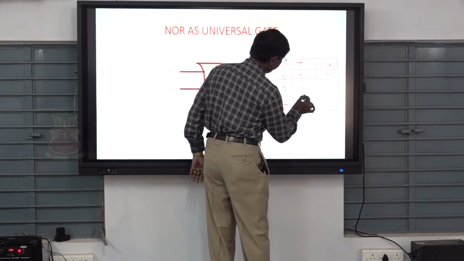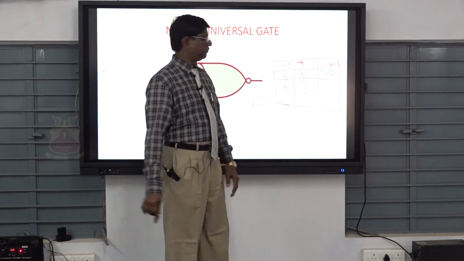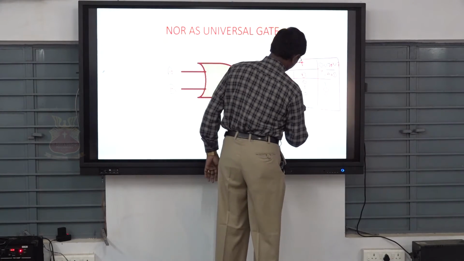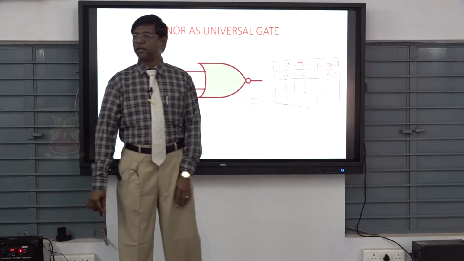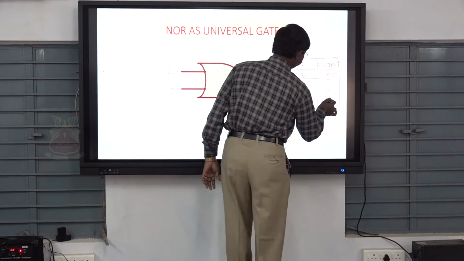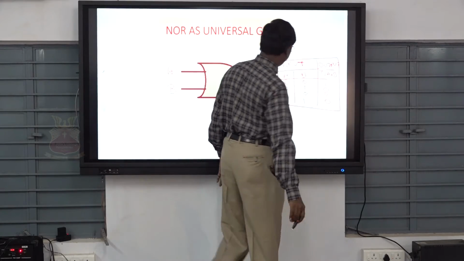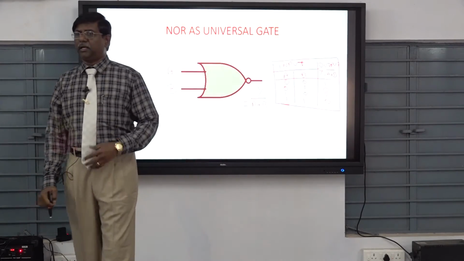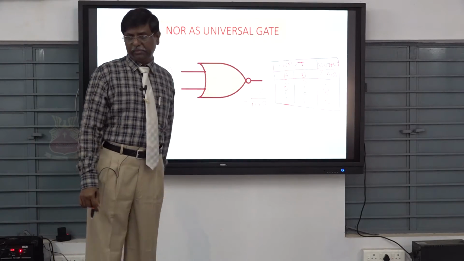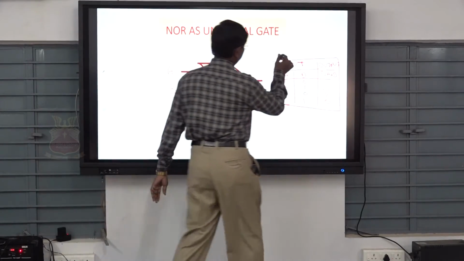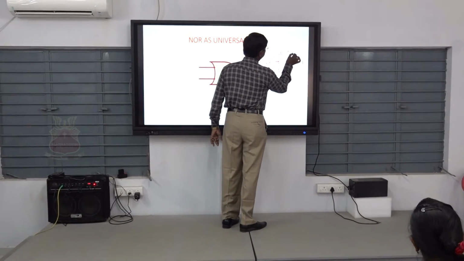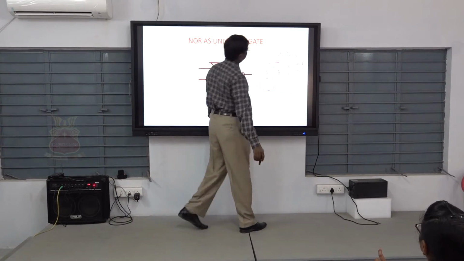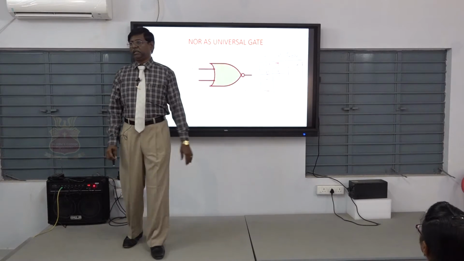In the case of 1 and 0, 0. When both inputs are true, 1, 1, then 0. This is called the truth table, because it gives the truth function. Truth table of the NOR gate.